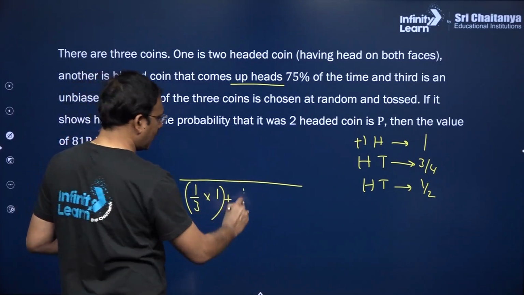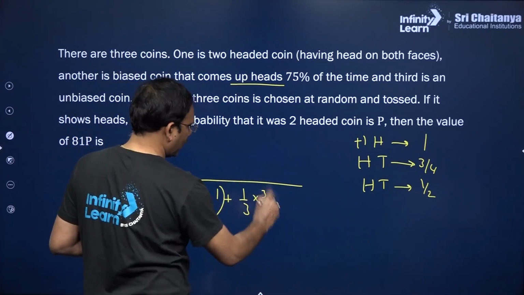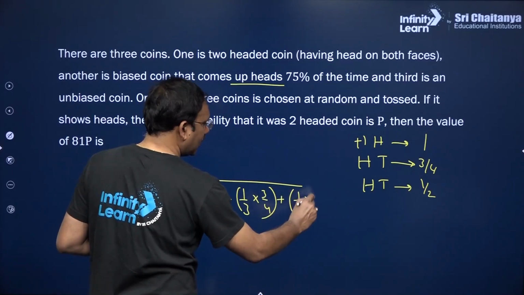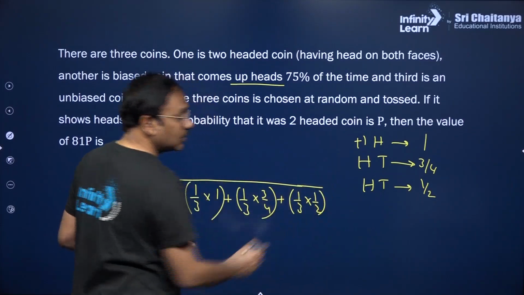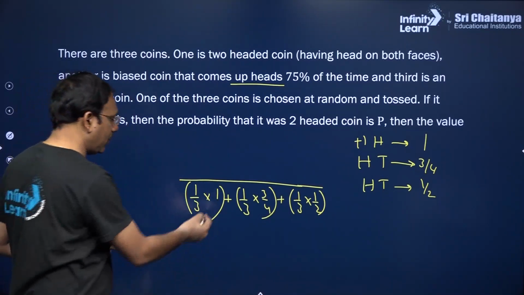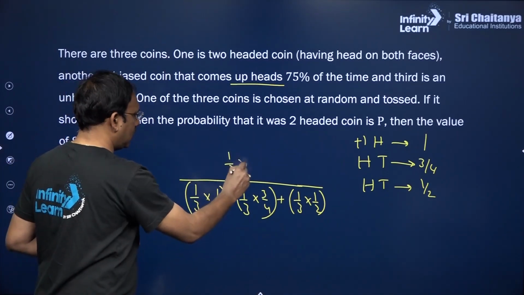Next, for the second coin, chance 1 by 3, in that case getting head probability is 3 by 4, and for the third coin, chance is 1 by 3, getting head probability is 1 by 2. So this is the total probability. Out of this, I want the case where the coin is this one. He said two-headed coin, that is 1 by 3 into 1.